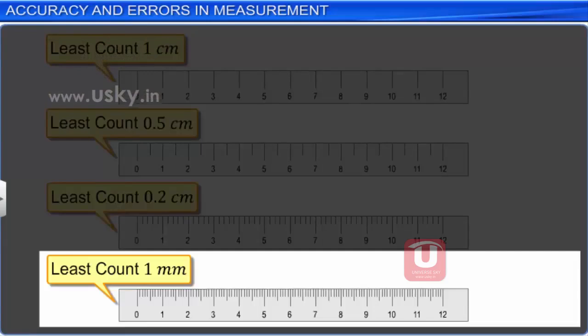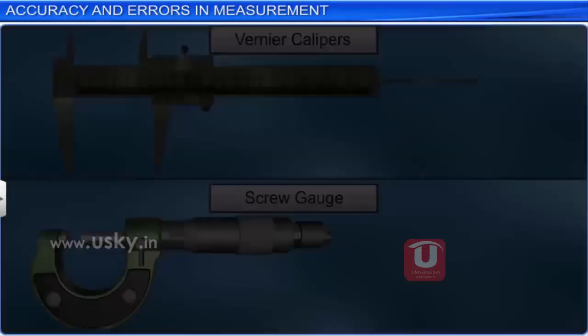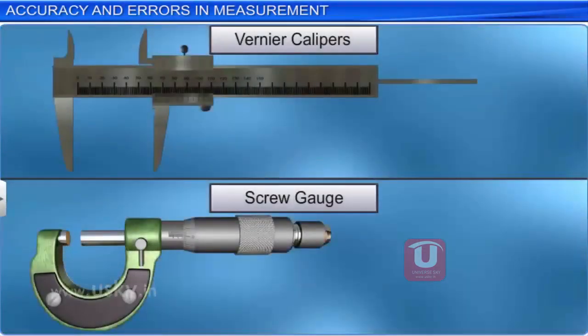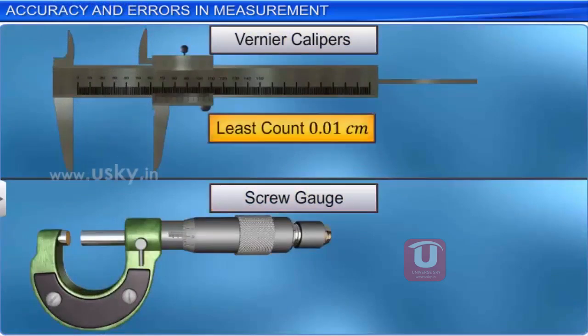In academic laboratories, the general equipment used to measure length is a vernier calipers and a screw gauge. The least count error in a vernier calipers is 0.01 cm and for a screw gauge is 0.001 cm.